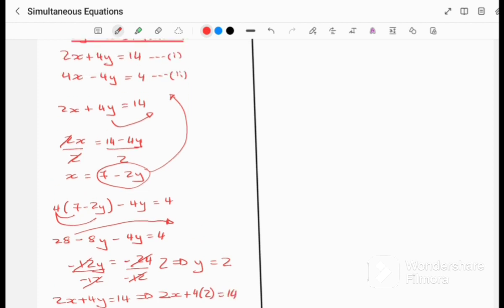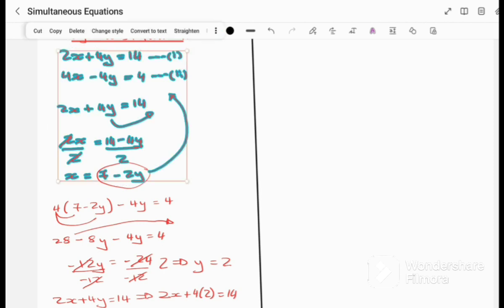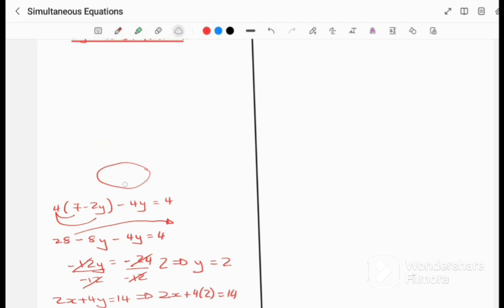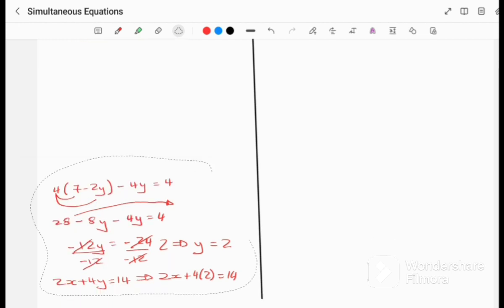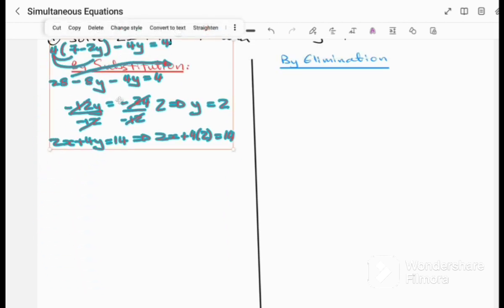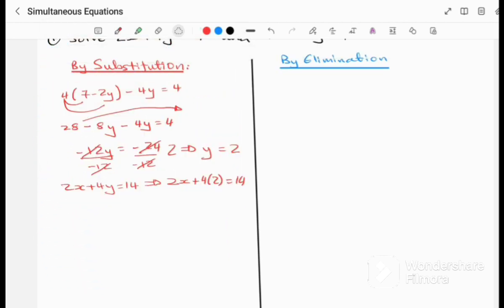Now I'm going to go ahead and erase the top part here, and we're going to move this up. Okay, so this is where we are. Now let's go ahead and simplify this. So we have 2x plus 8 is equal to 14.